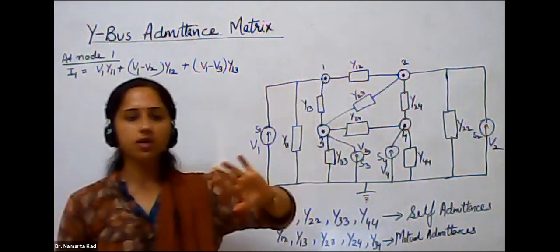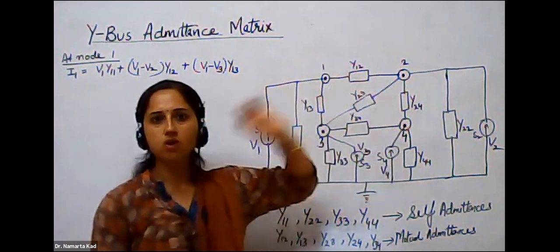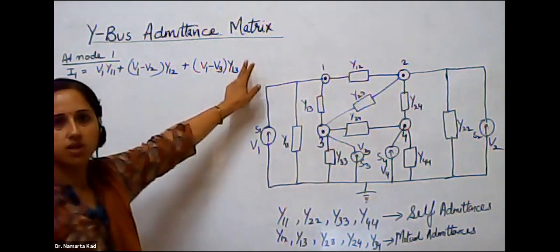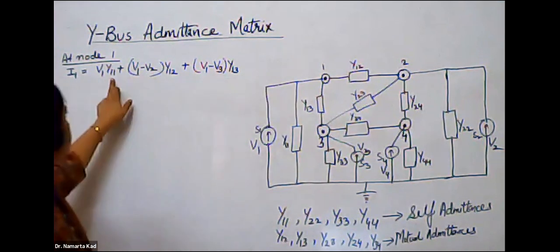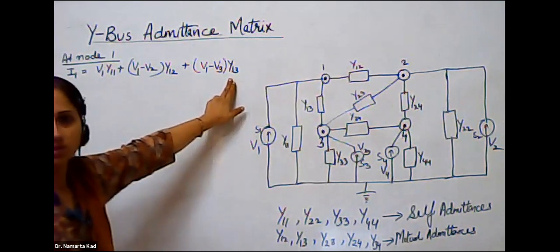There is no connection of node number 1 with node number 4, so we don't have to write the next term.